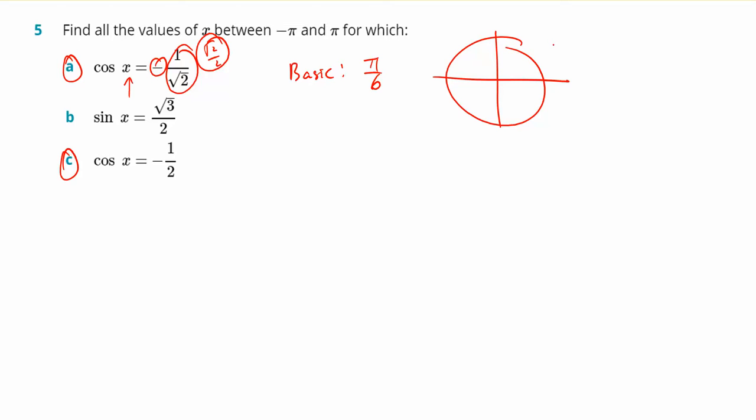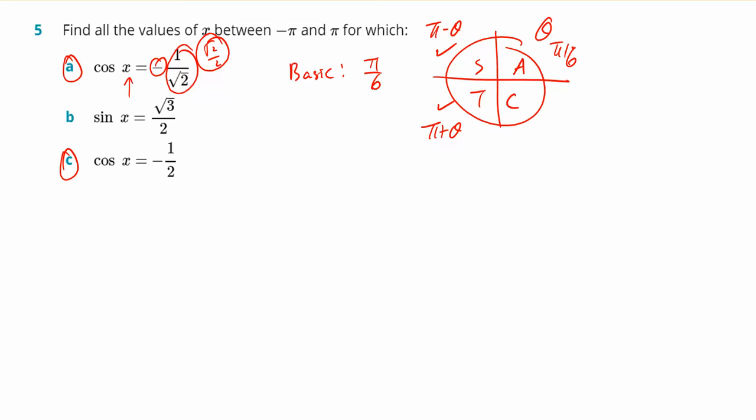Because my basic angle, theta, is pi on 6. Now, where is cos negative? ASTC, cos is negative in the second and third quadrants. So this is when it's pi minus theta and pi plus theta.